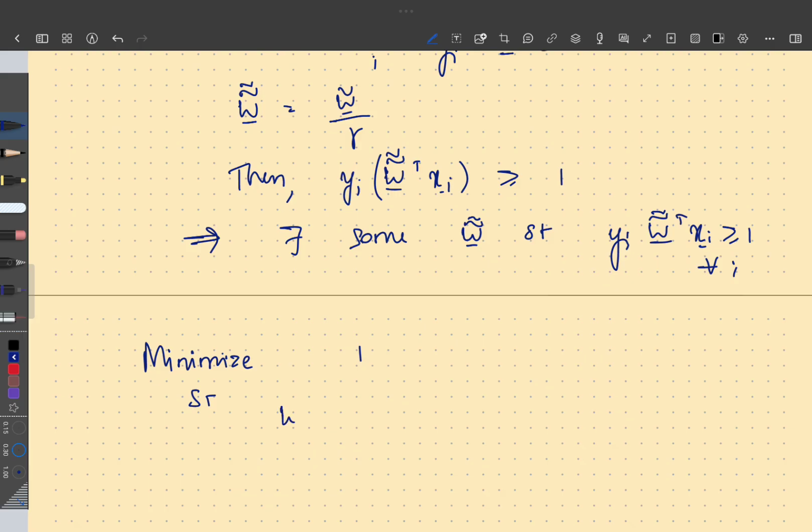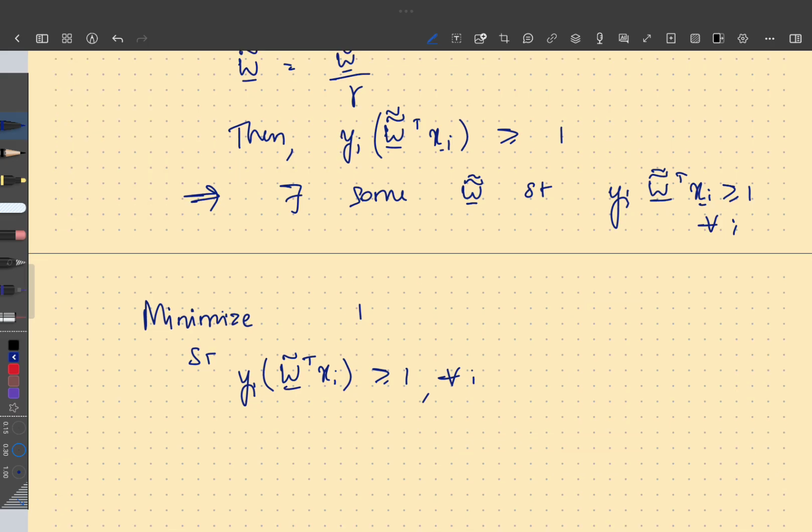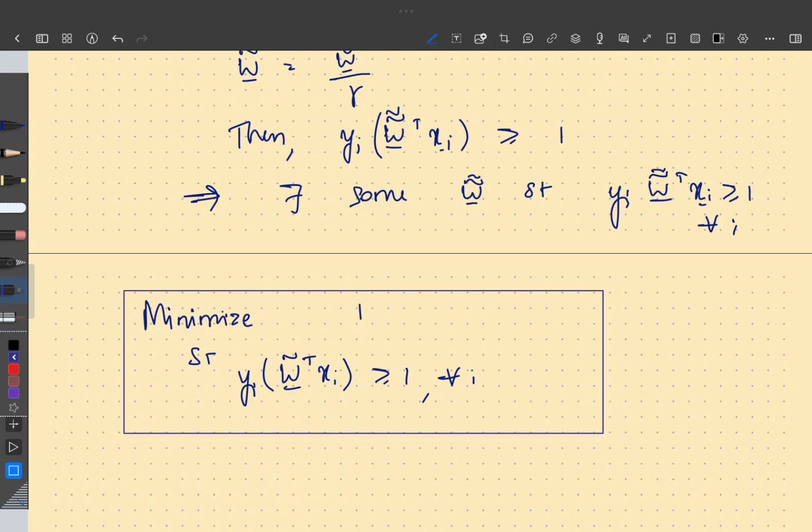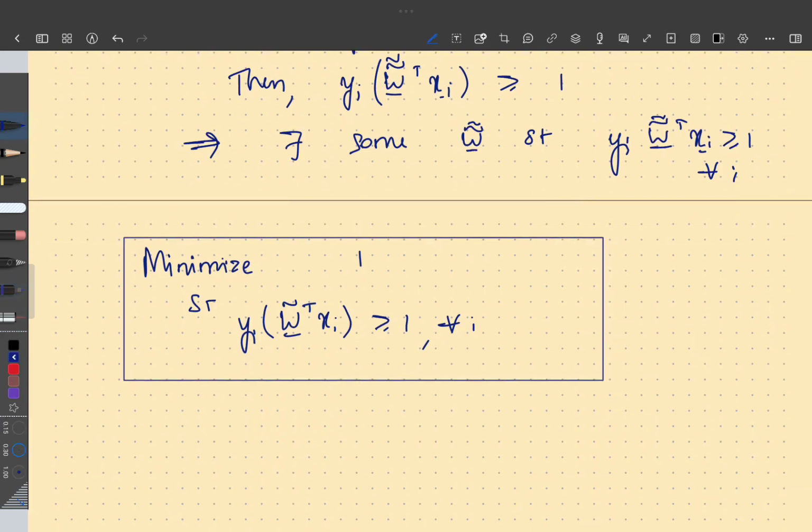So this is one solution for our problem, and this is something that can be very easily implemented using any LP solver.